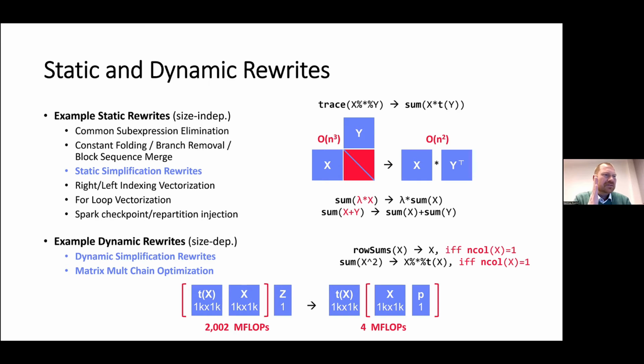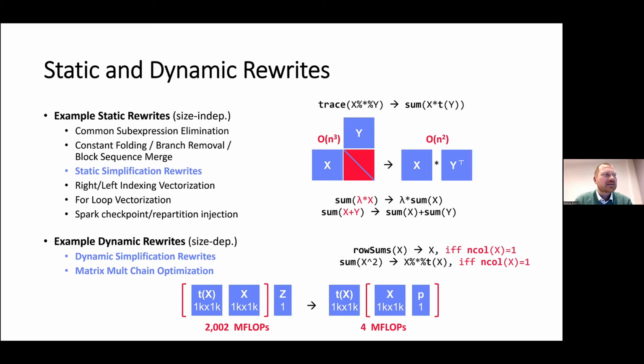Now, if the matrix is just a vector, you get a fused operator that does not allocate this element-wise output by simply doing a matrix multiply with itself. So it's the vector in and the matrix multiply does essentially the squaring with itself and at the same time the sum.